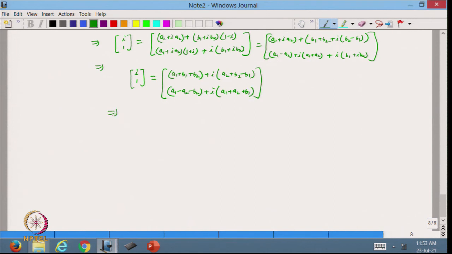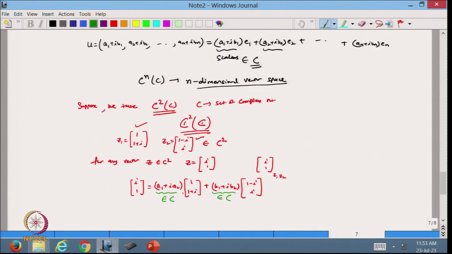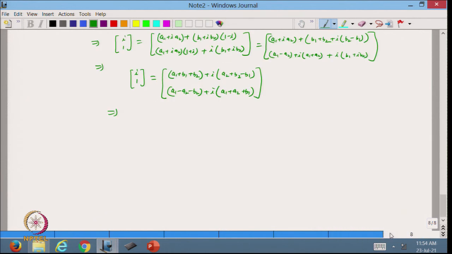From here, we need to find the 4 coefficients a1, a2, b1, b2, so we need 4 equations. Comparing, I get a1 plus b1 plus b2 equal to 0, a2 plus b2 minus b1 equal to 1, a1 minus a2 minus b2 equal to 1, and a1 plus a2 plus b1 equal to 0. These are the 4 equations and we need to solve them.